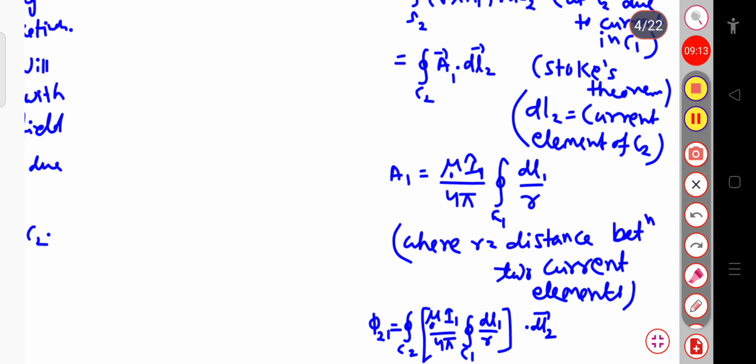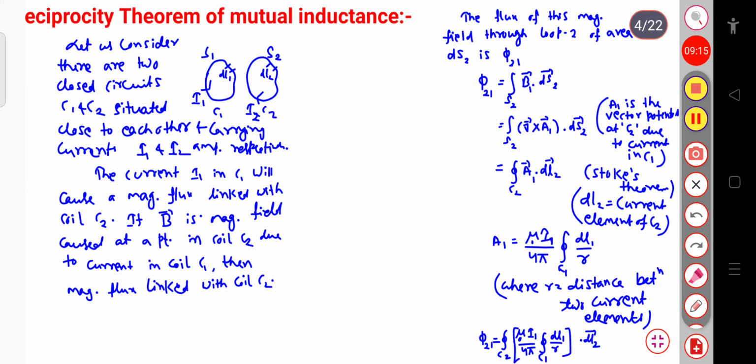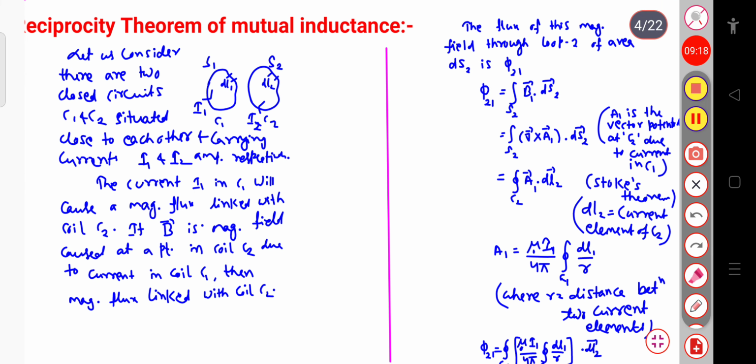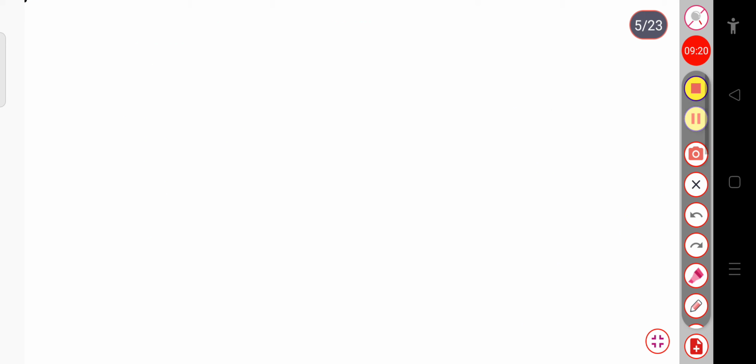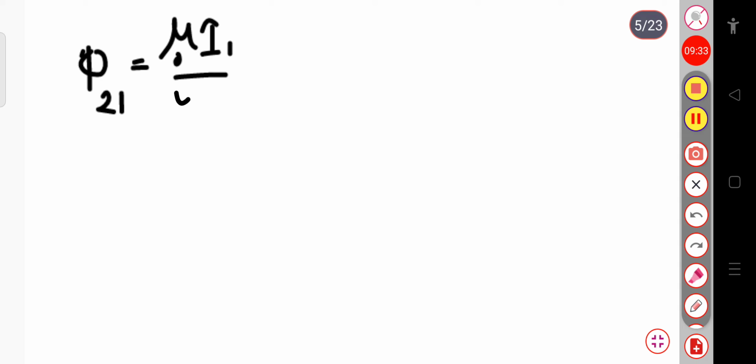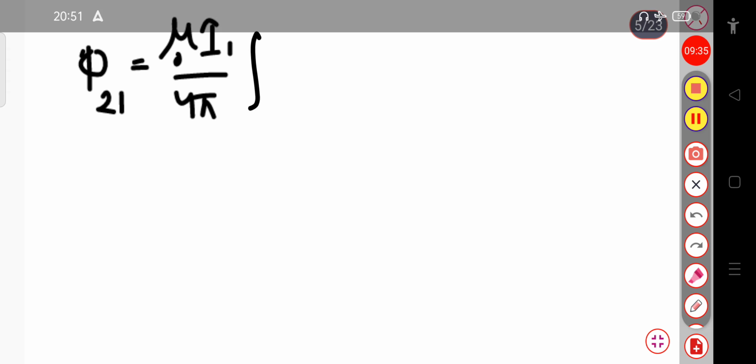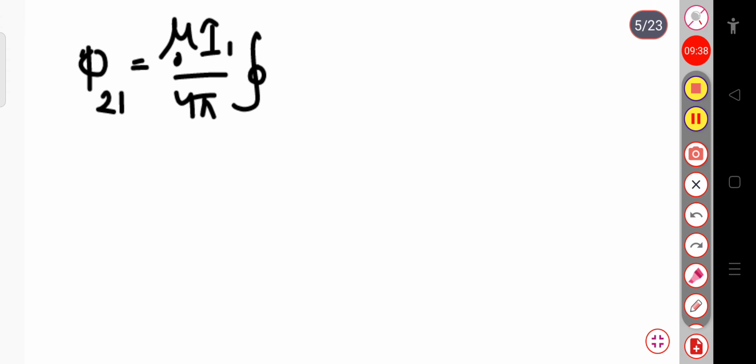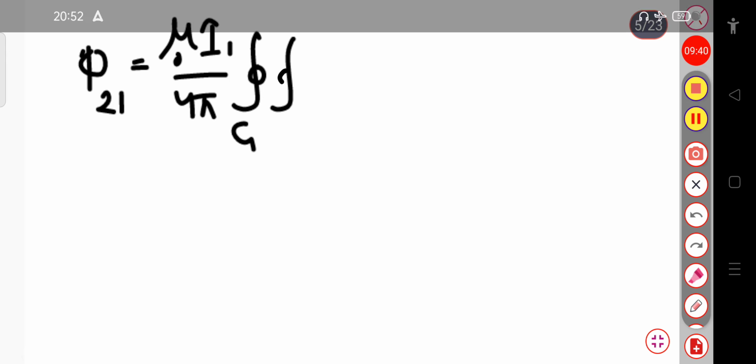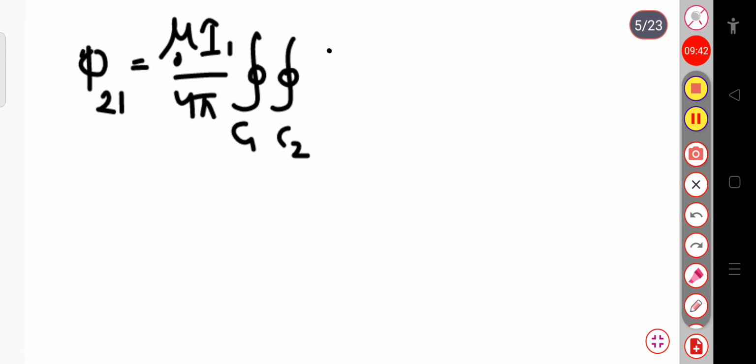Here we have just substituted the value of A1. So this can be more precisely written as phi 1 equal to mu naught I1 divided by 4 pi, the constants taken outside, integral over C1 and again integral over C2 of dl1 dot dl2 divided by R. This is equation 1.